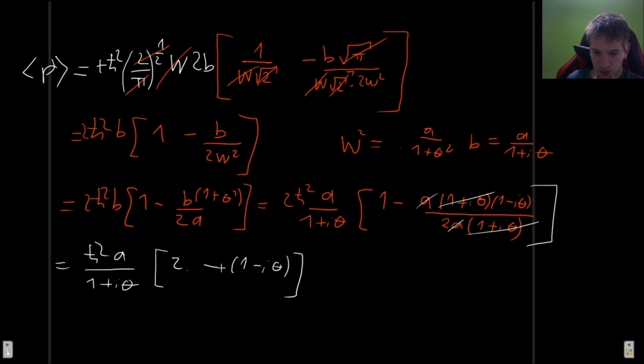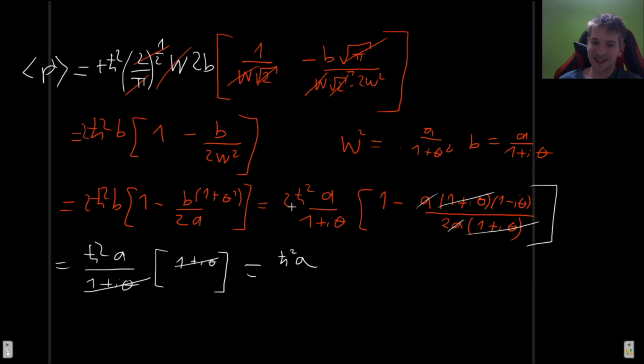We get 2 minus 1, so that's just going to be 1. And then we have minus I theta, so that's going to be plus I theta. So now this I theta will cancel out this I theta, and we see that the expectation value of the momentum squared will be h bar squared times a. So this is much simpler than what we have seen here, for example.